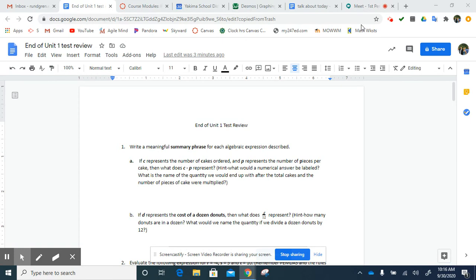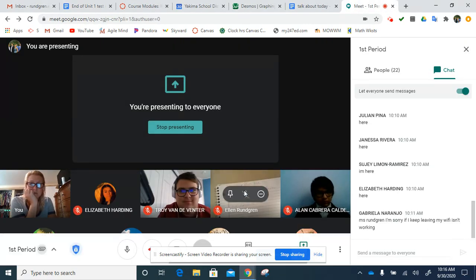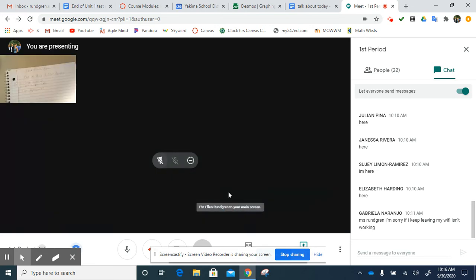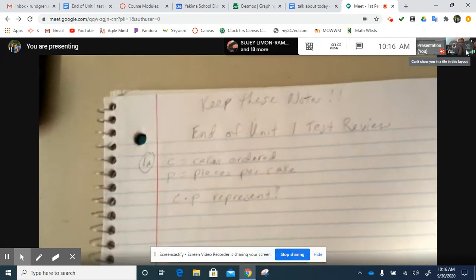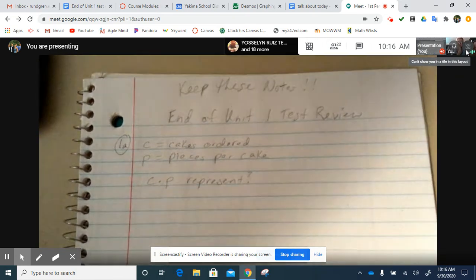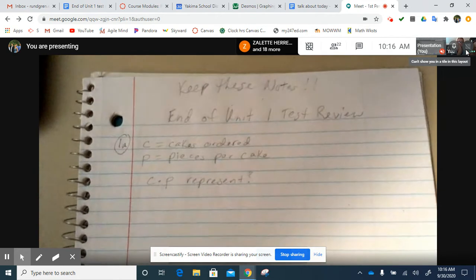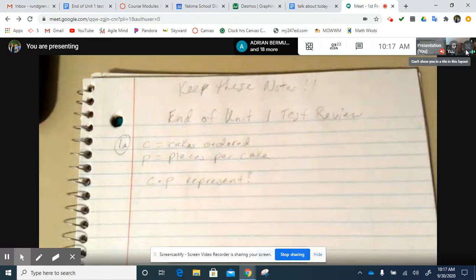So on my paper so far, I have, you guys see my paper? Because I have it attached to a table, like a card table. So it's me bumping the table. I'll just try to keep it still.